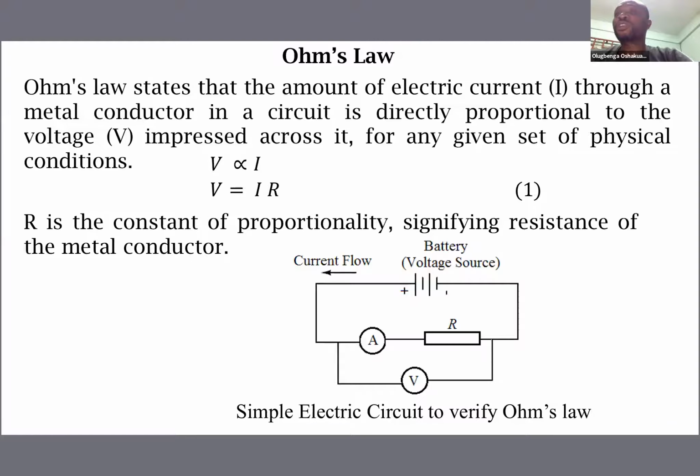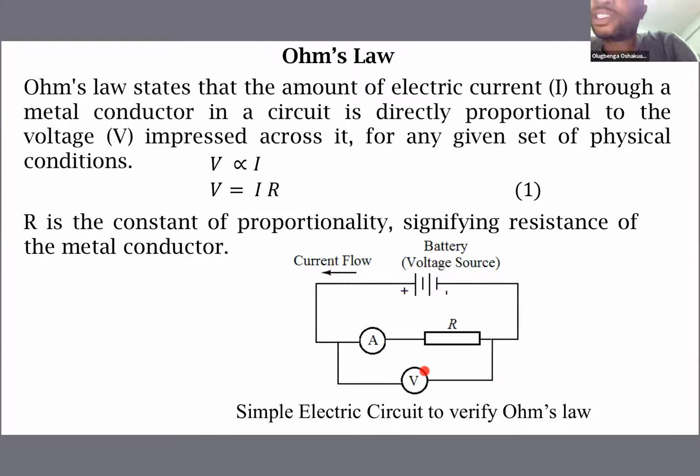So Ohm's law is obtained from experiments, and the diagram for the experiment is the figure we have here. It shows a voltage source, which is a battery, connected to a resistor. Then the A is an ammeter, V is a voltmeter.